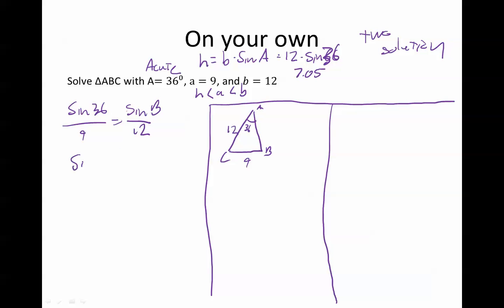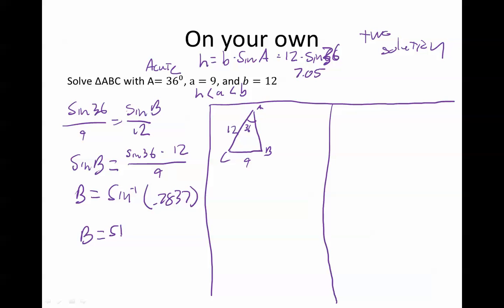Solving for sine B, you end up with sine of 36 times 12 all over 9, which means that B is the inverse sine. Again, this part right here is 0.7837, so this is the inverse sine of 0.7837, and we get that B is 51.6.